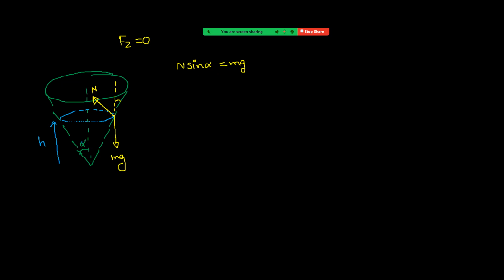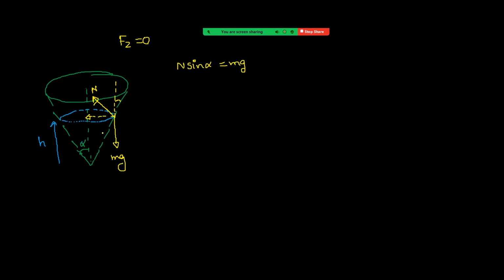Now the remaining component is providing the centripetal force. So one component of the normal reaction provides the centripetal force. Or we can say the resultant of the normal reaction and the gravitational force provides the centripetal force. Both are the same.